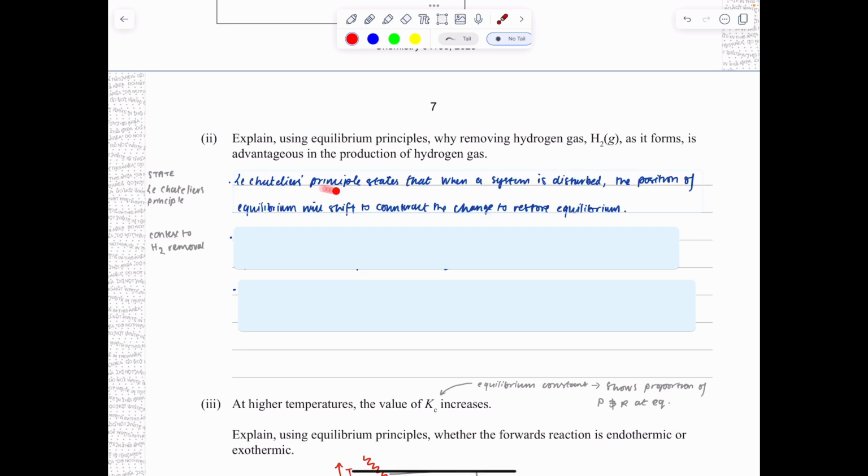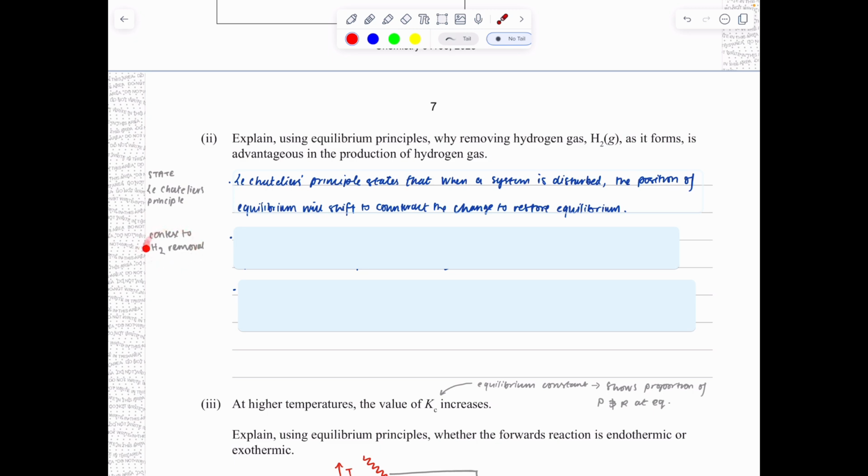Le Chatelier's principle states that when a system is disturbed, the position of equilibrium will shift to counteract that change or disturbance to restore equilibrium, okay? So equilibrium is kind of looking at counteracting or doing the opposite to the disturbance, okay? It's trying to counteract the disturbance or change, bring it back to the regular equilibrium.